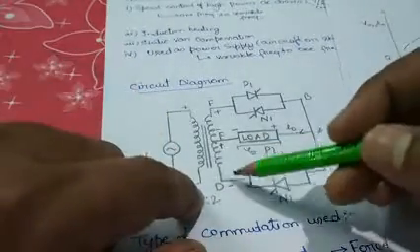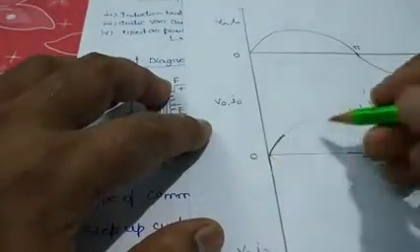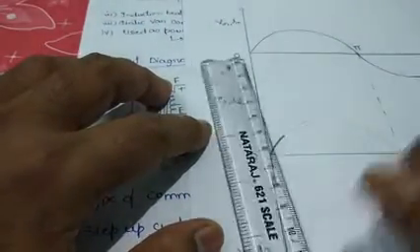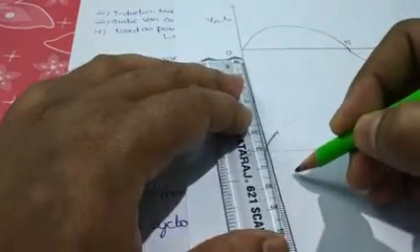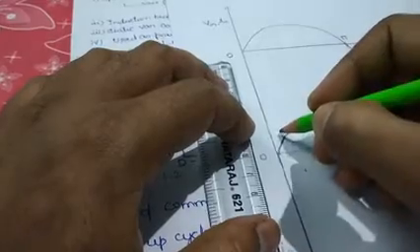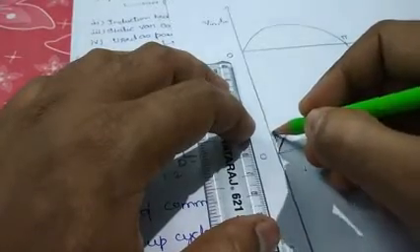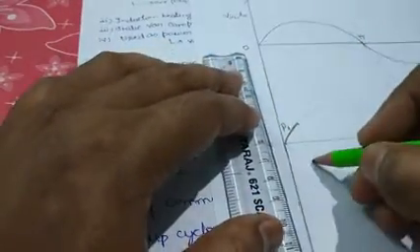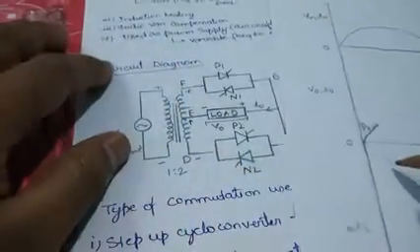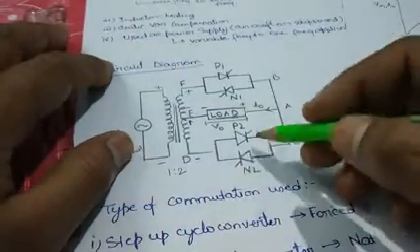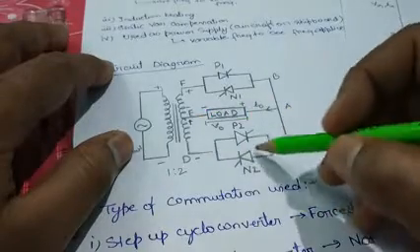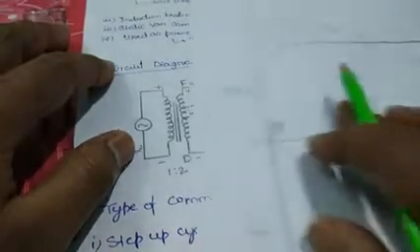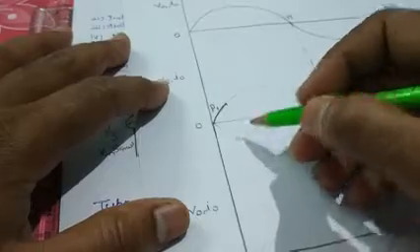Here I have forcefully commuted P1. Now when we forcefully commute P1 and at the same time trigger N2, current will flow from E to A in this direction. So the output voltage or current will be here.